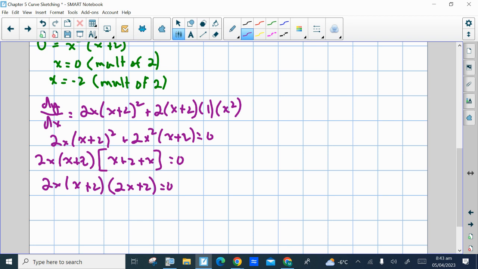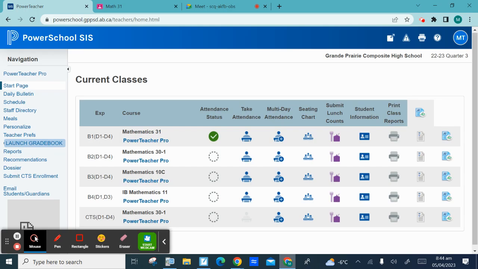And because they're all factored, we can get our critical numbers of 0, -2, and -1. If you let each factor equal 0 and solve for x, that's what you'll have.